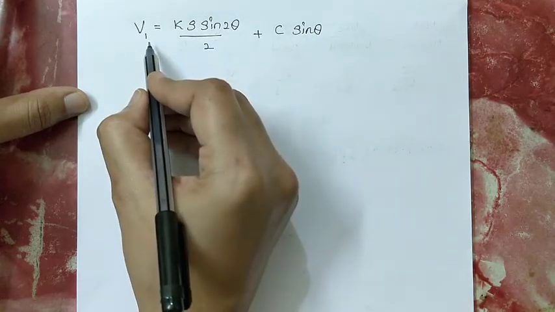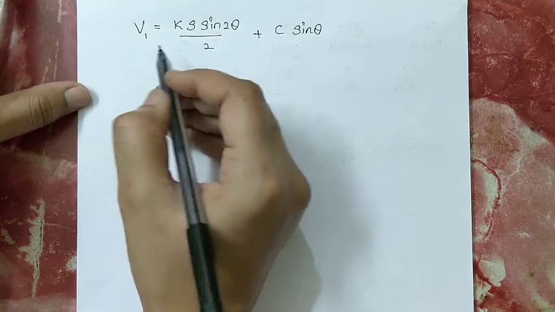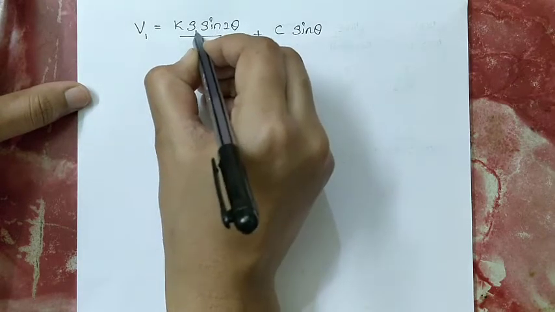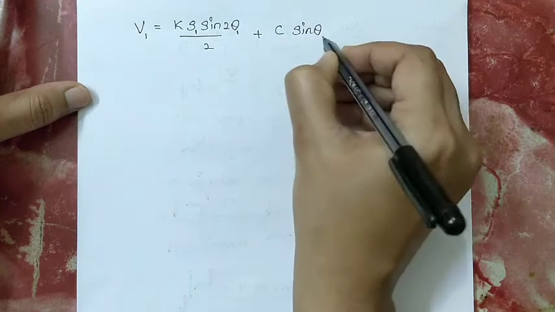Here you are calculating the first observation which is taken on the benchmark. That's why the staff intercept is S1 and theta will be theta 1.